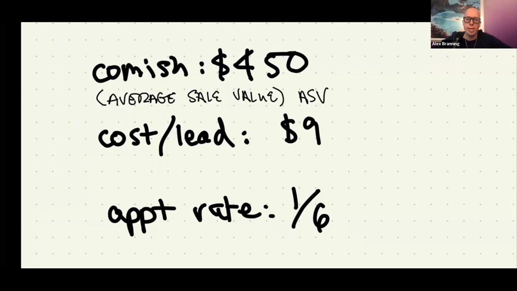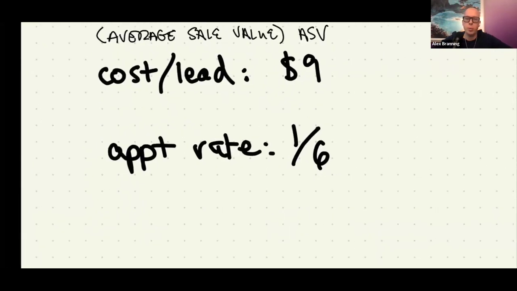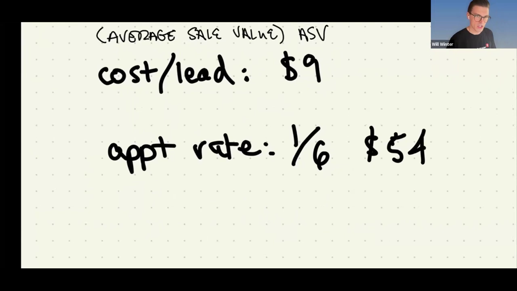So we'll want to jot down an appointment rate of 1 out of 6, and next to that $54. Now, what Alex did here was multiply 6 by $9, right? Because if you're paying $9 per lead and only one shows up, you've paid $54 per appointment.